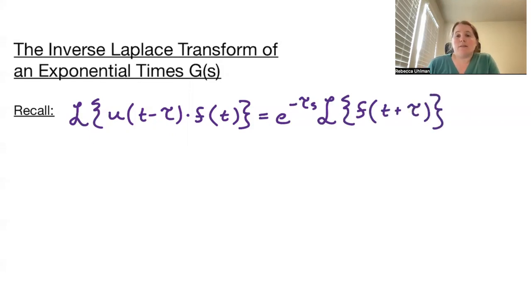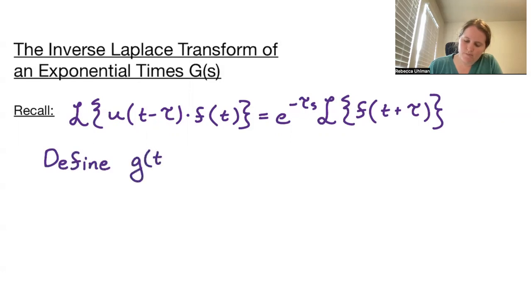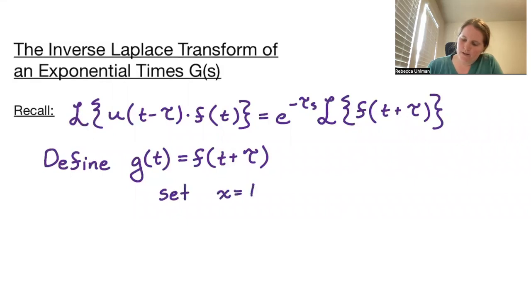So now let's go ahead and define a new function. Let's define g of t as f of t plus tau. Then we can do a little change of variable. If we set x equal to t plus tau, then we have t as x minus tau.